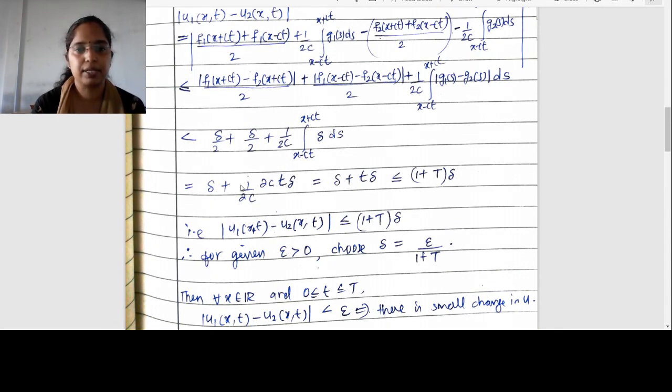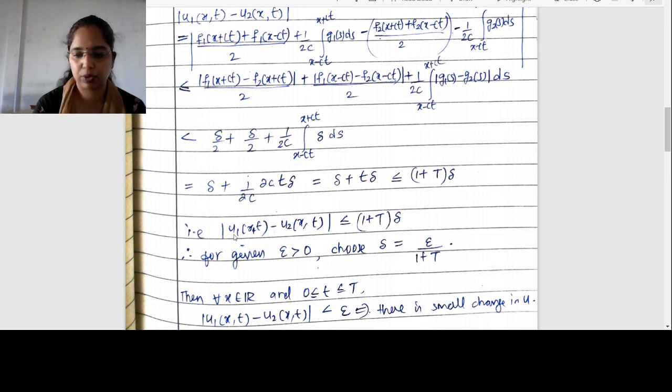So we will get delta plus 1 by 2c times delta s with upper limit x plus ct and lower limit x minus ct. So you will get 2ct, so 2ct delta by 2c. 2c will get cancelled: delta plus t delta. Since we have t less than or equal to capital T, we can write this as less than or equal to 1 plus T whole into delta.